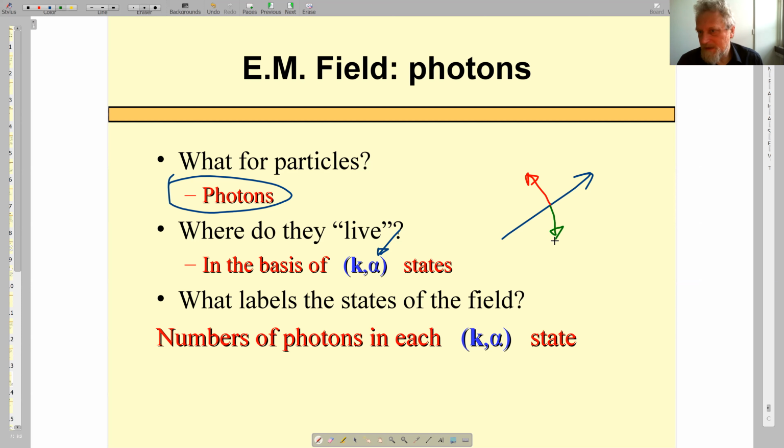Tell about superposition involving polarization of light. Good. So what labels the states of the fields? It's the number of photons in each of these multitude of states.